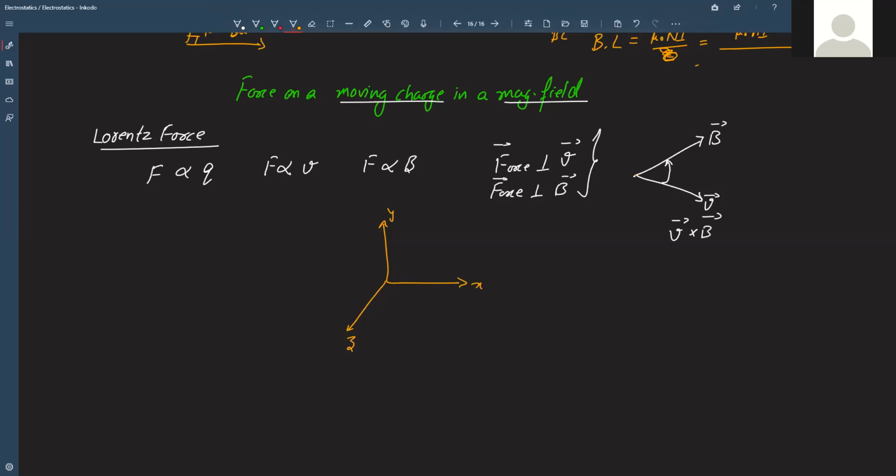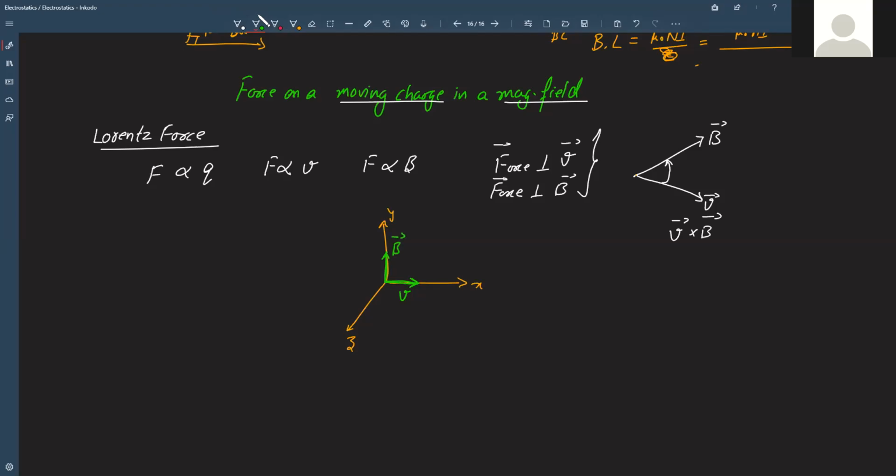Suppose your velocity vector is along the X axis, and the magnetic field is along the Y axis.